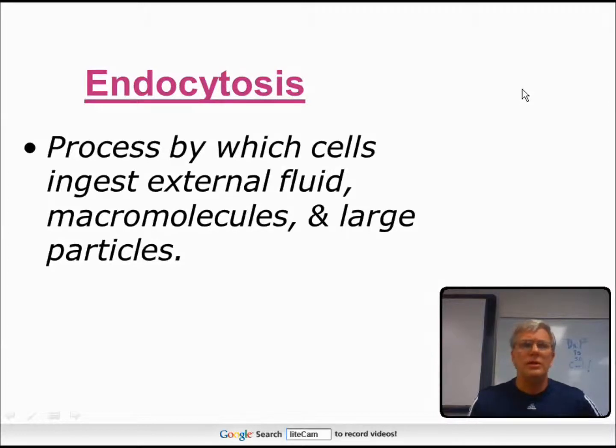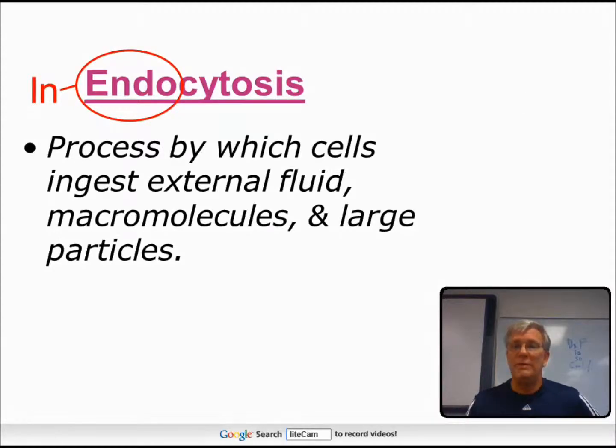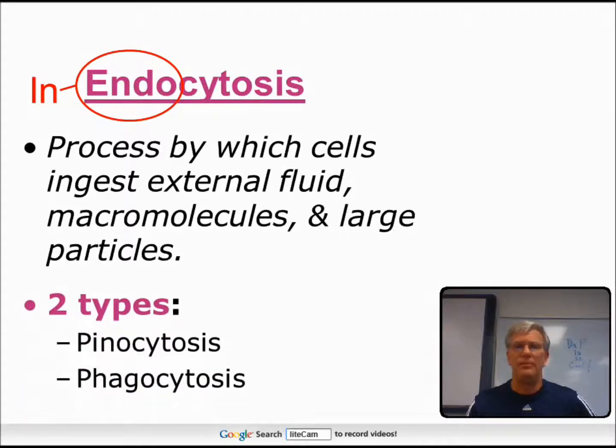Endocytosis is the process in which we bring in large molecules or large particles or fluid with particles. The word endo literally means in or into, so we're bringing things into the cell. There are 2 types of endocytosis, pinocytosis and phagocytosis.